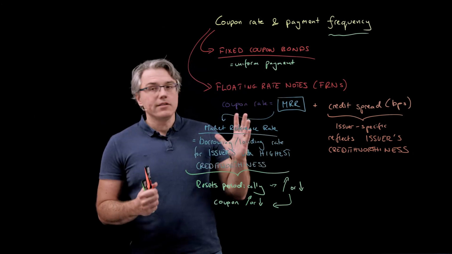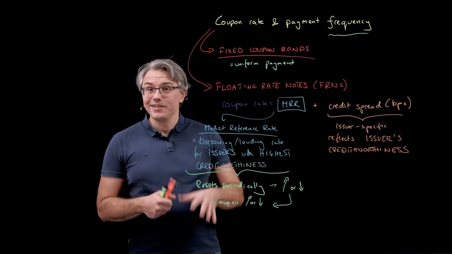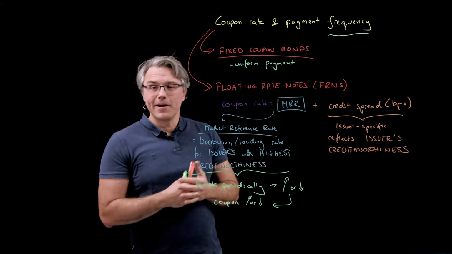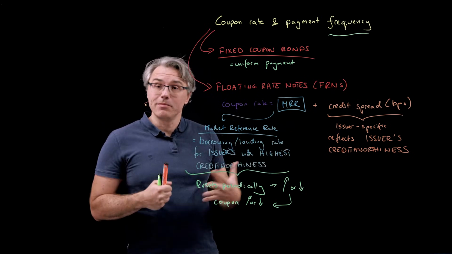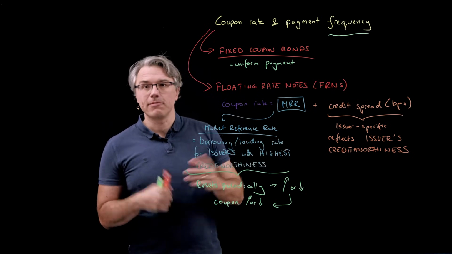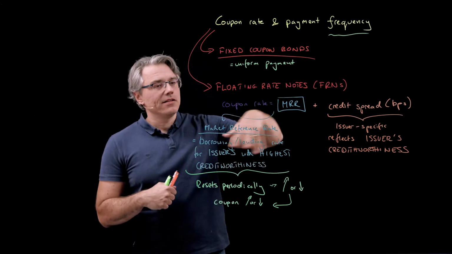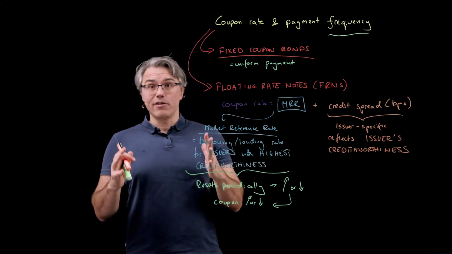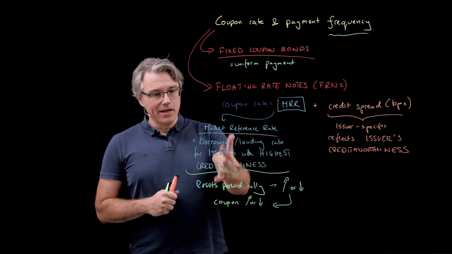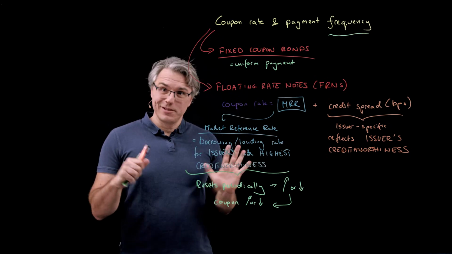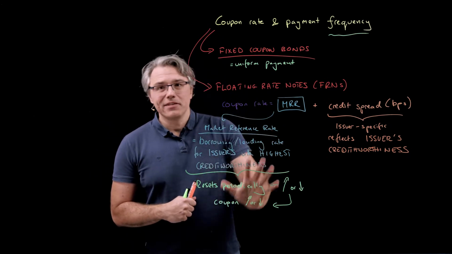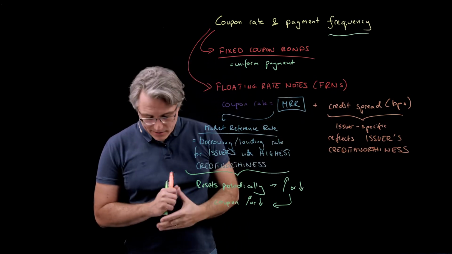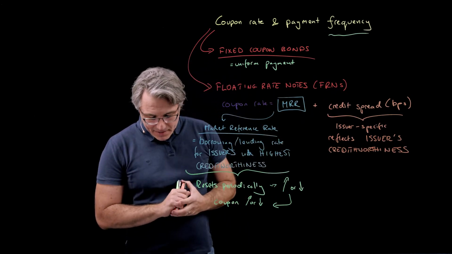Now, obviously, issuers with a high quality, good financial condition, which obviously also means that there is a high probability that they'll be able to make the promised payments on their bonds, typically issue bonds where the credit spread is relatively low, or close to zero, given the fact that the highest quality issuers, typically the government, simply can borrow at the MRR without any credit spread added to this.